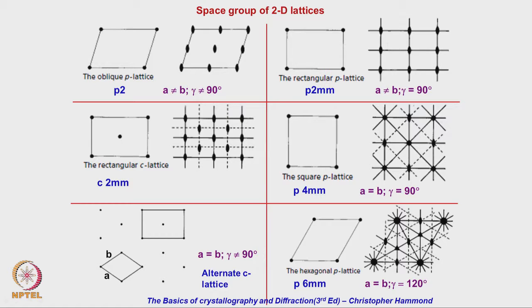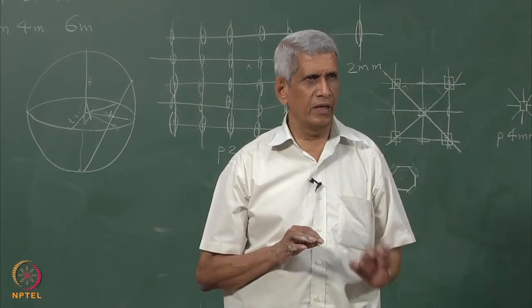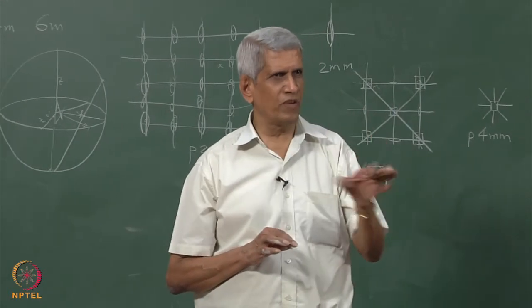So, for the 5 2-dimensional lattices, there are symmetries associated with each. Because this is C-centered, it is 2 mm, and the others are all the same. This is the maximum symmetry a crystal can exhibit, because around each lattice point, suppose we put an atom, and we generally assume the atom to be spherical.